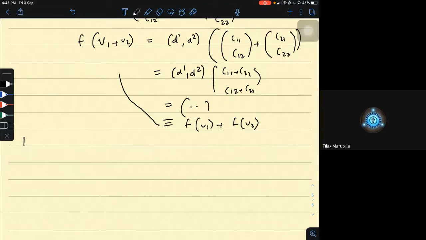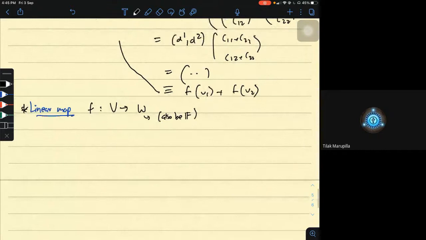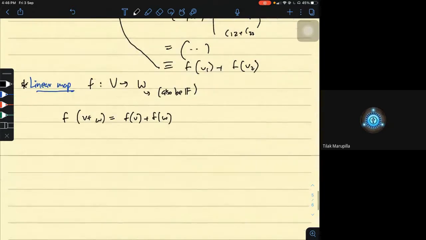So formally, a linear map is basically a map going from one vector space to another vector space. It can also be a scalar. So the requirement of a linear map is basically f of v plus w is f of v plus f of w, where f is the map.